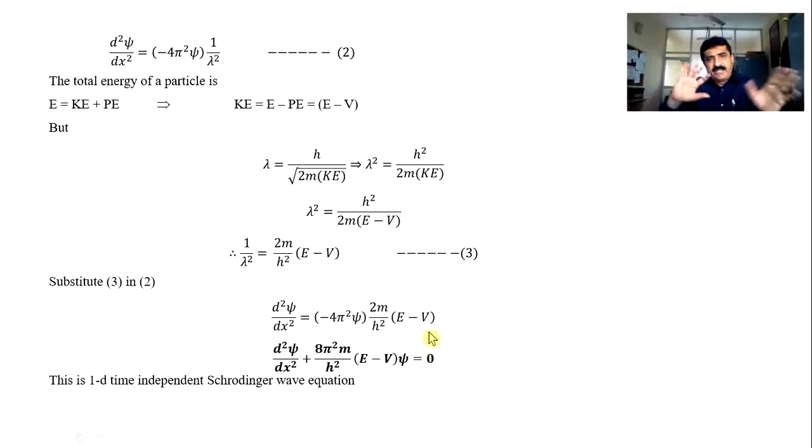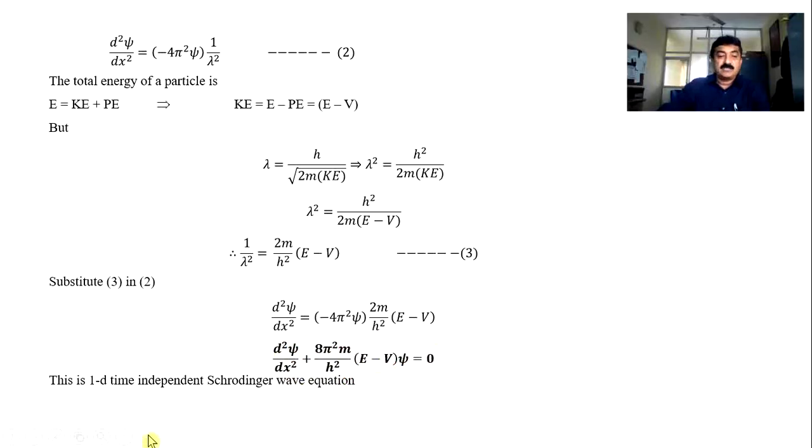It doesn't make any difference. Rearrange them according to your requirement, so that it looks like an equation in the variable psi. So this is d square psi by dx square plus 8 pi square m by h square into E minus V psi equal to 0.